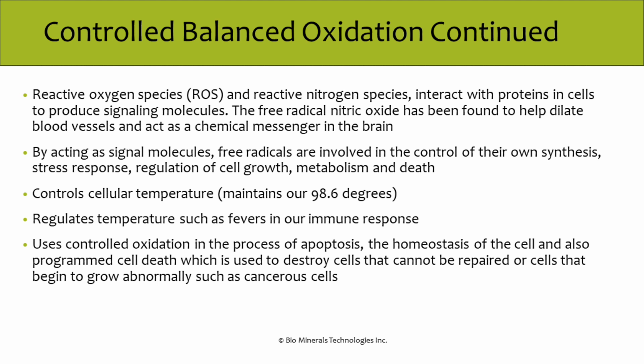Our body uses controlled oxidation in the process of apoptosis, the homeostasis of the cell, and also programmed cell death, which is used to destroy cells that cannot be repaired or cells that begin to grow abnormally, such as cancerous cells.